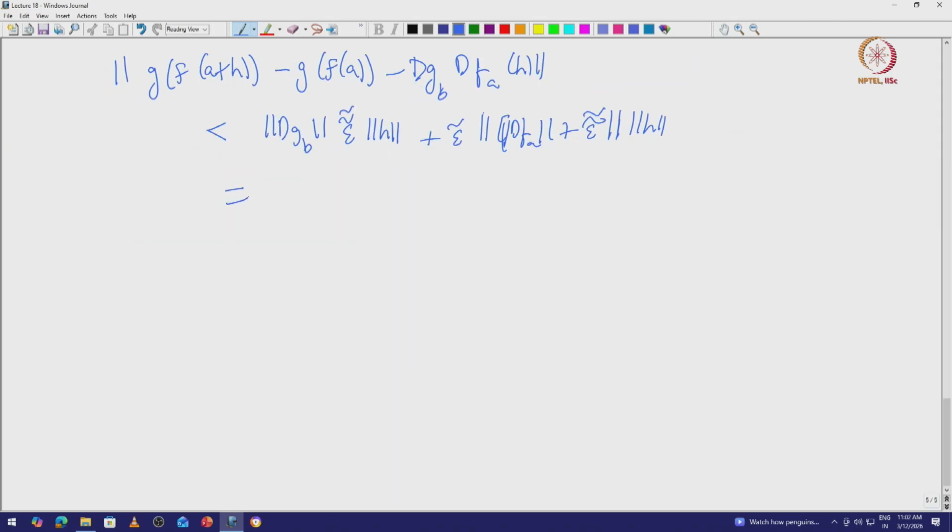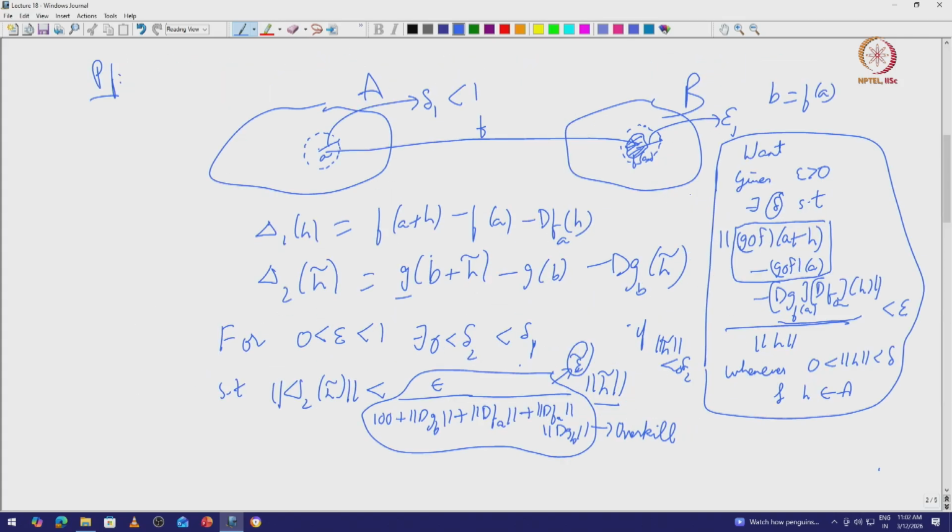So in other words, this is, and we want this to be what? We want this to be less than epsilon.